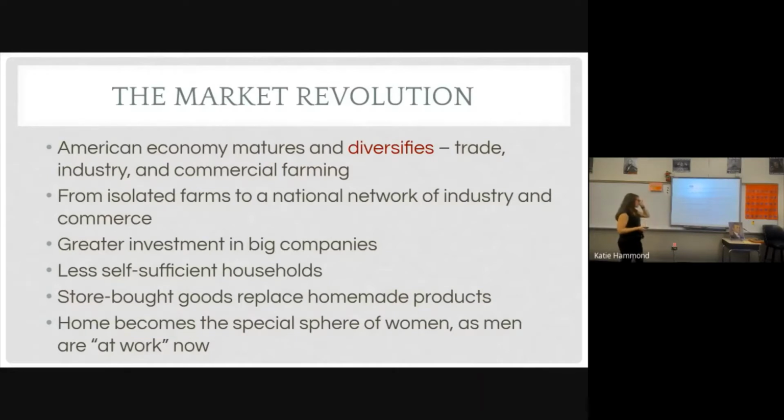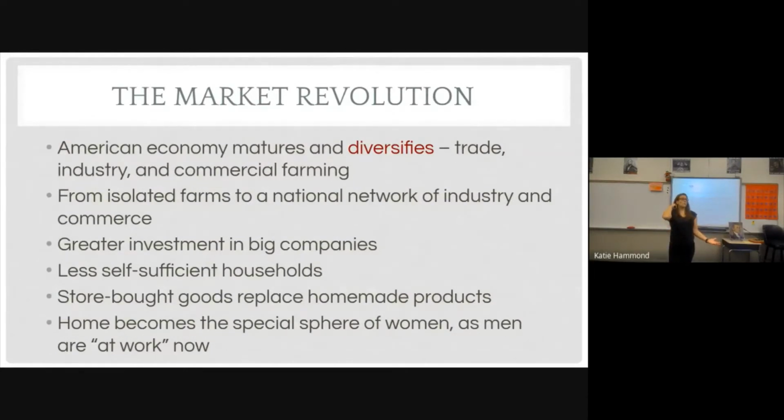One social change of the market revolution concerns women. About 10% of all white women in 1850 worked. That means 90% of white women did not work. And their job was, remember the cult of domesticity, the separate sphere idea, where it's the mother's realm to guide the children and be the homemaker.